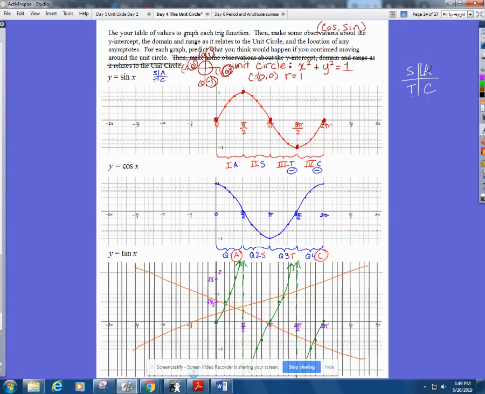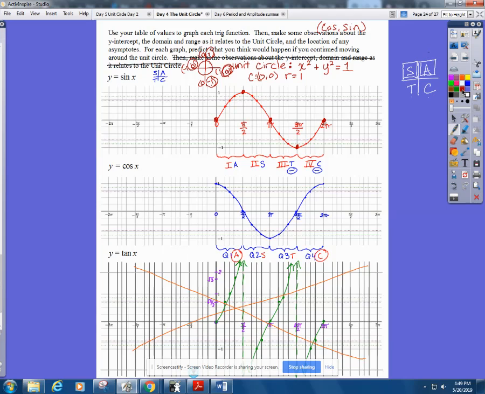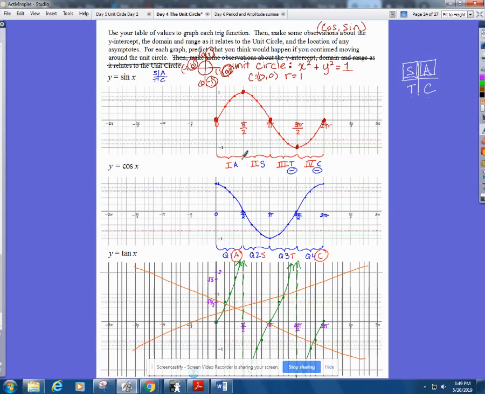Quadrant 1, everything is positive, including sine. And in quadrant 2, only sine is positive. Quadrant 3 and quadrant 4, sine would be negative. So I want you to take a look at the graph that we just made and observe that, because this is quadrant 1 from 0 to 90 degrees.